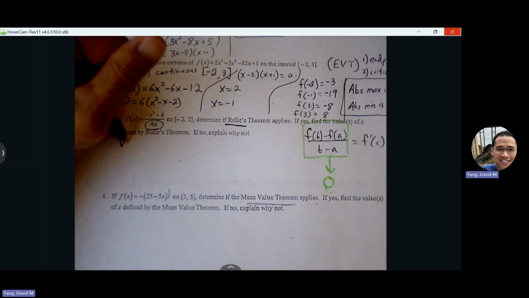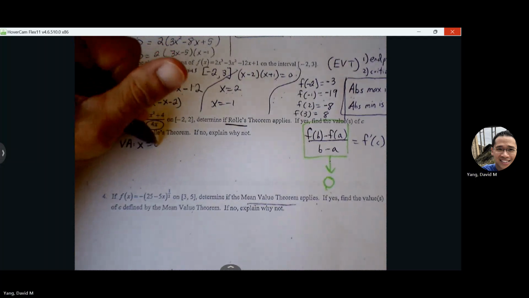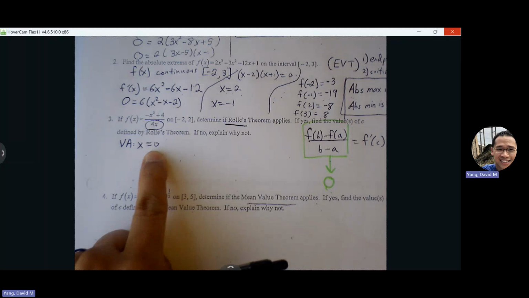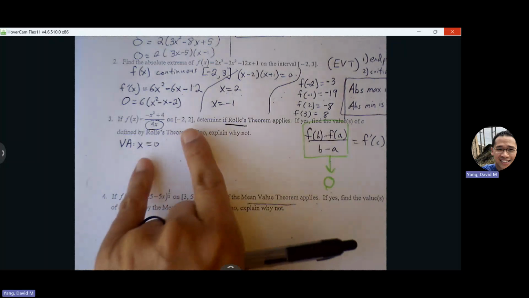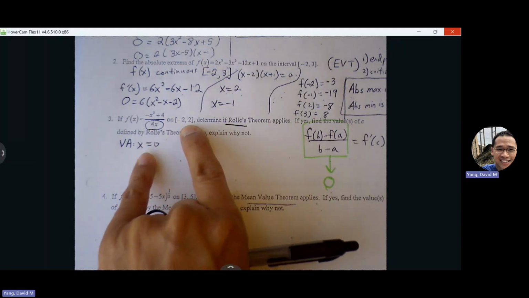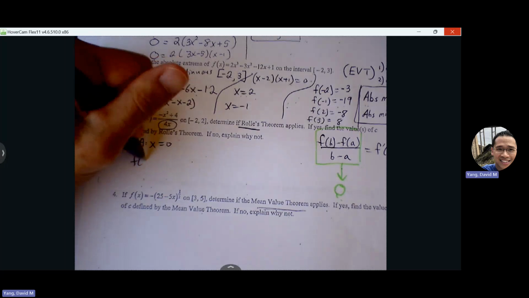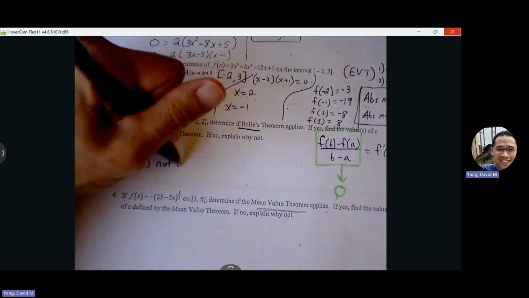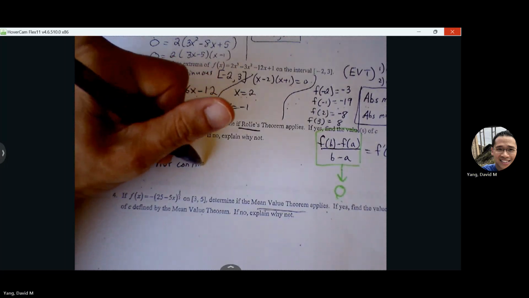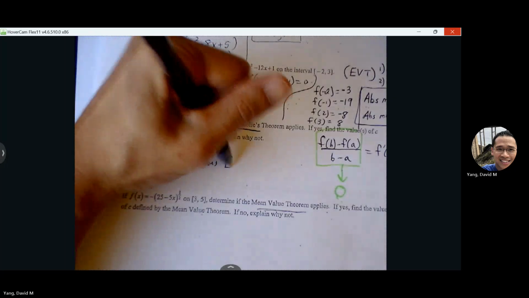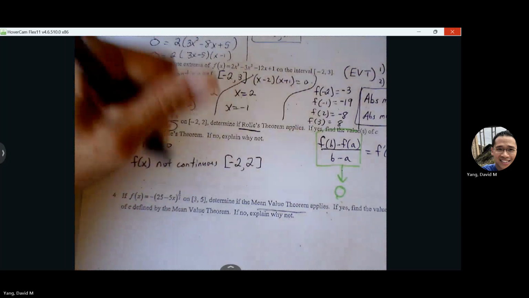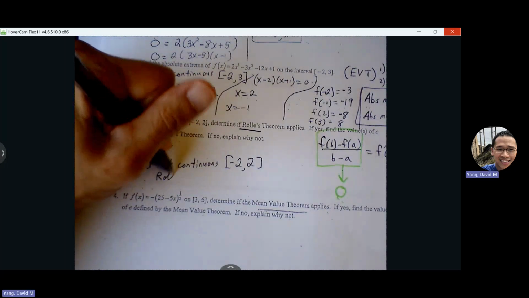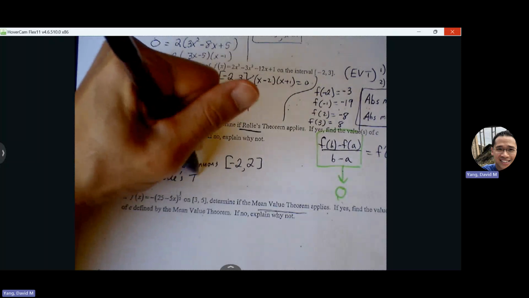Okay, where's the vertical asymptote located? Is that going to disrupt my interval? Yes. So will it pass the first condition? No. So we can say our function is not continuous. And therefore, we can't continue with this theorem. Rolle's theorem doesn't apply.